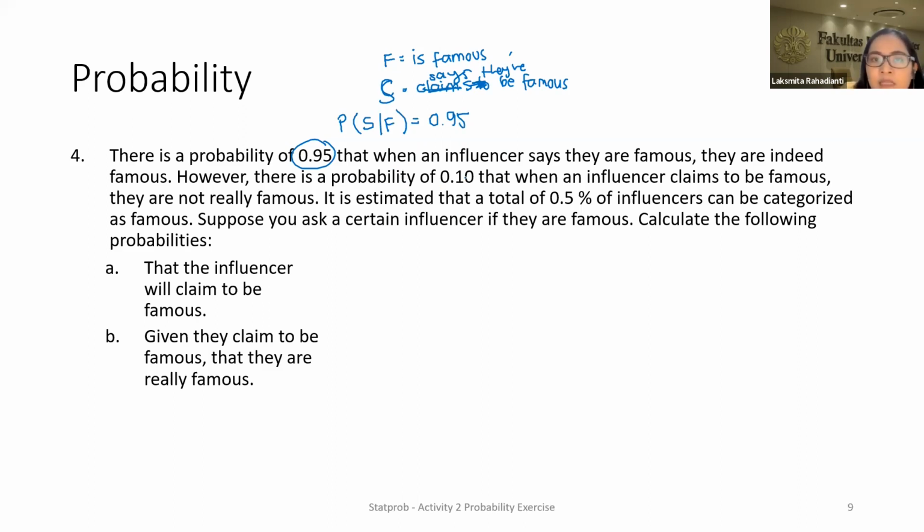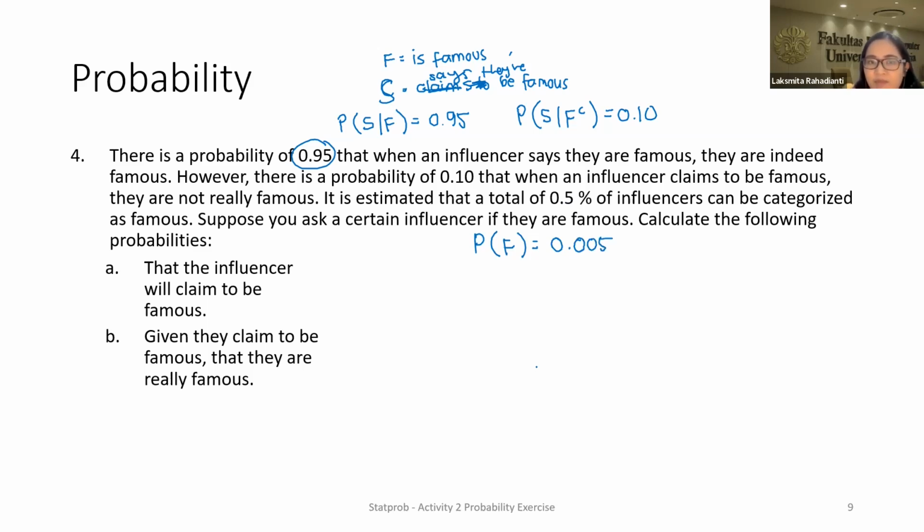However, there's a probability of 0.5 that they will claim to be famous, even if they are not famous. It is estimated that a total of 0.5% of influencers can actually be categorized as famous. So the probability of someone actually being famous is 0.5%, so that's like 0.005.